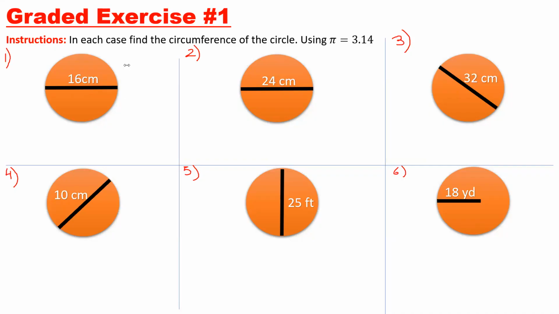Johnny, what number are you on? I'm on number 1. Okay, do you understand what to do? Yes, sir. Okay, and Aaliyah, what number are you on? Number 6. You understand what to do? Yes, sir. And Anastasia, what number are you on?